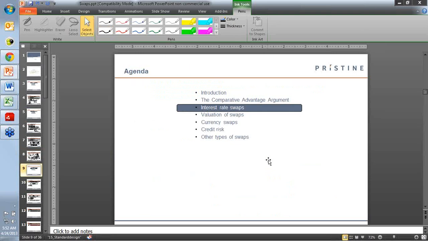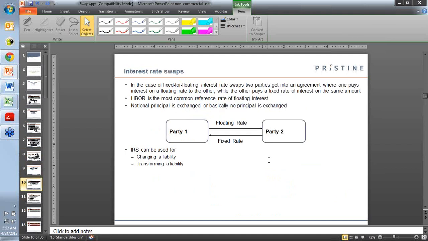Okay, now let's look at the major kinds of swaps, starting with the interest rate swaps. The most common kind of interest rate swap is a fixed for floating interest rate swap. So what happens here is two parties get into an agreement with one party paying the other at a floating rate and the other party paying the original party at a fixed rate.